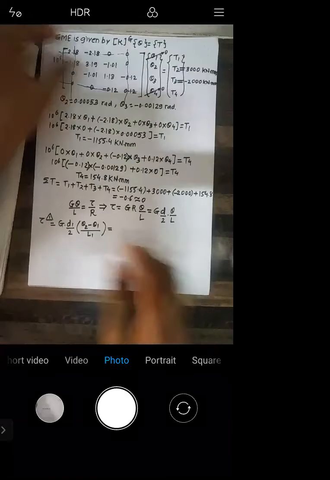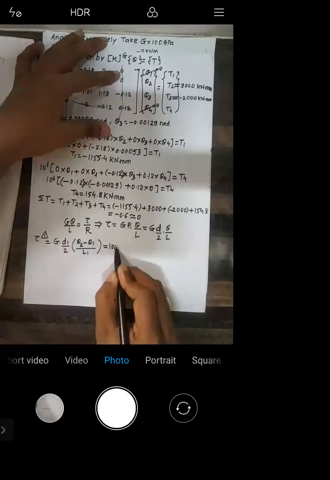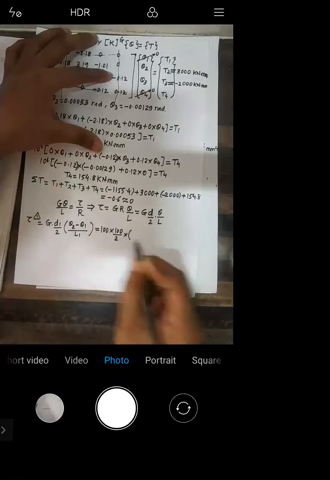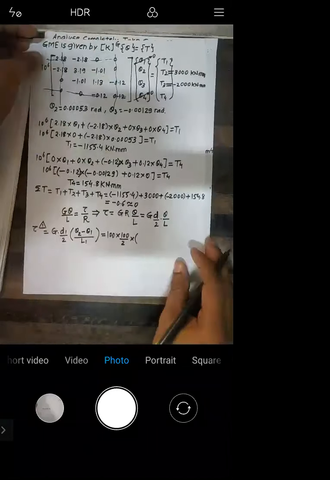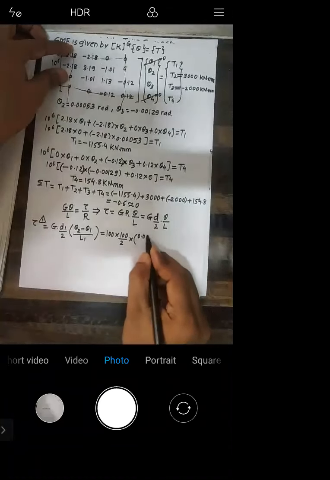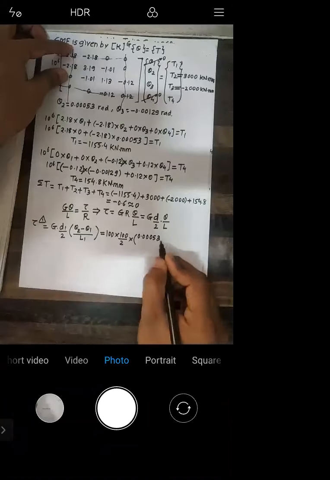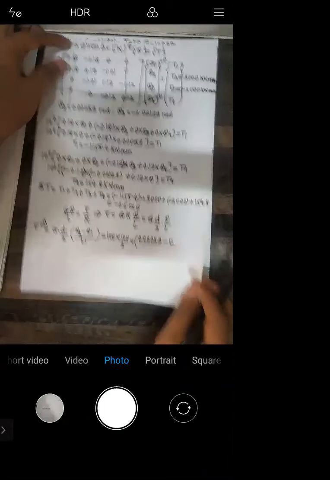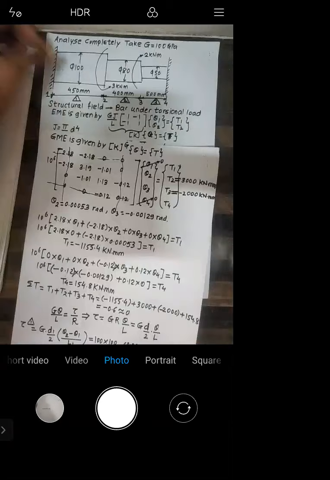So the value of G is 100, and the diameter of the first is 100. So 100 by 2 into theta 2, which we have calculated as 0.0053, minus theta 1, which is 0, upon the length of element 1, which is 450, right?